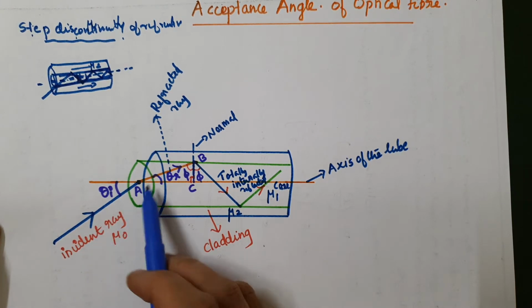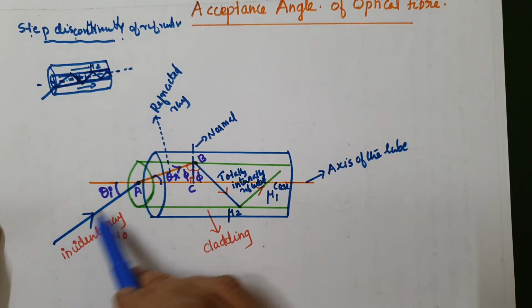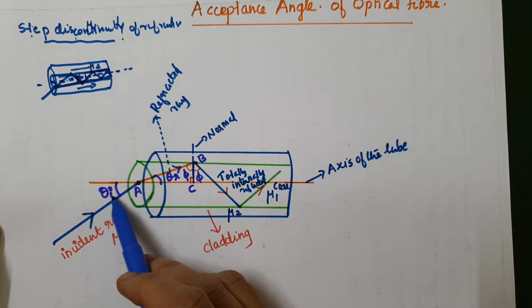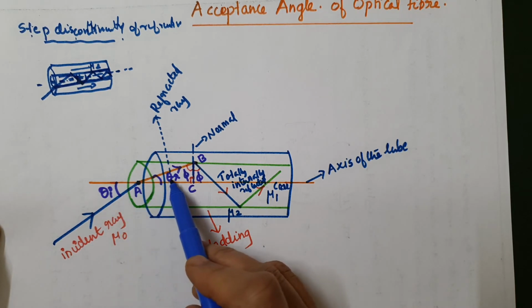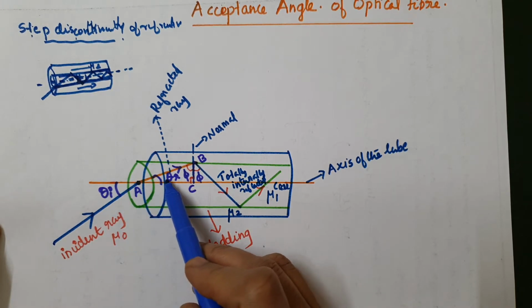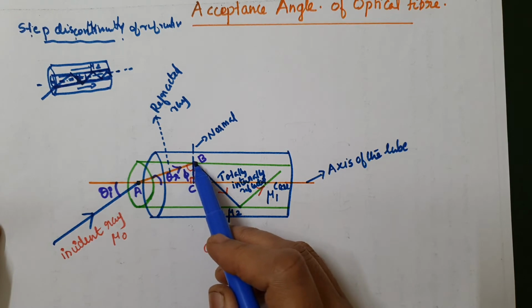Consider such a step index fiber, in which a ray is incident. Let theta be the angle of incidence of this light ray, and theta r the angle of refraction. When the ray enters the fiber, it goes to the core cladding region.